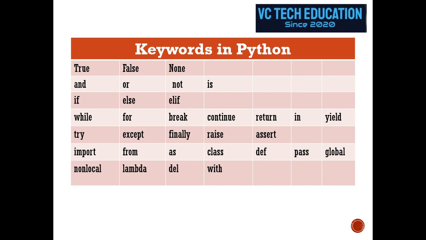True, False, None, and, or, not, is, if, else, elif, while, for, break, continue, return, in, yield, try, except, finally, raise, assert, import, from, as, class, def, pass, global, nonlocal, lambda, del, with.